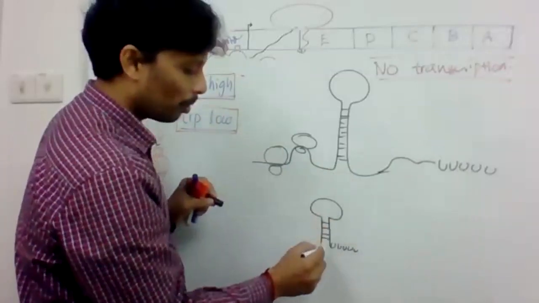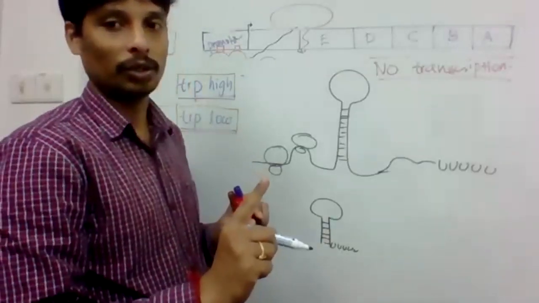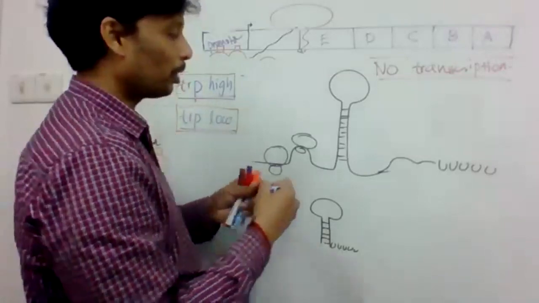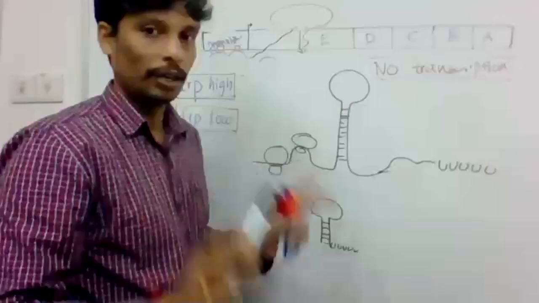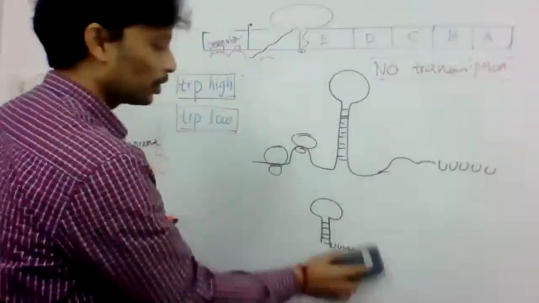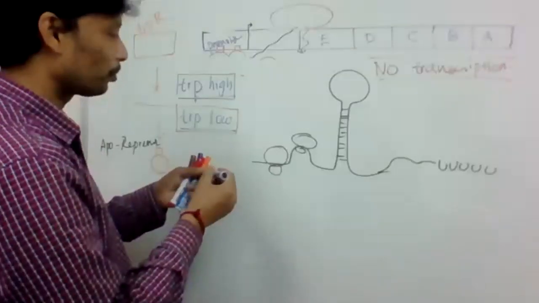After the stem, poly U should be there immediately. Then only it will act as a rho independent terminator. That is the structure that forms when tryptophan is low.